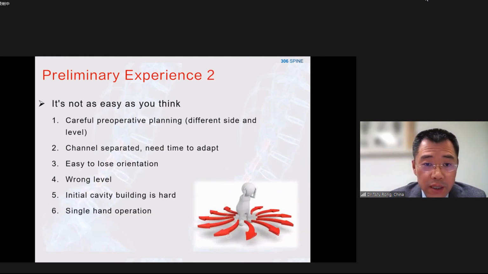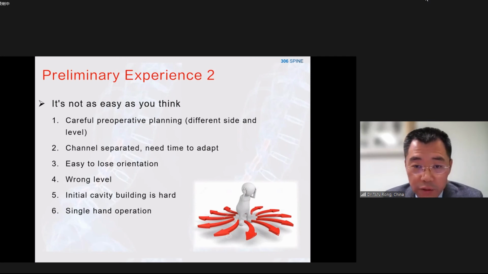It is not as easy as you think. We must do careful preoperative planning for different sides and different levels. The experience is not the same. So we should start from like L5-S1, and then we can do the fusion step by step.